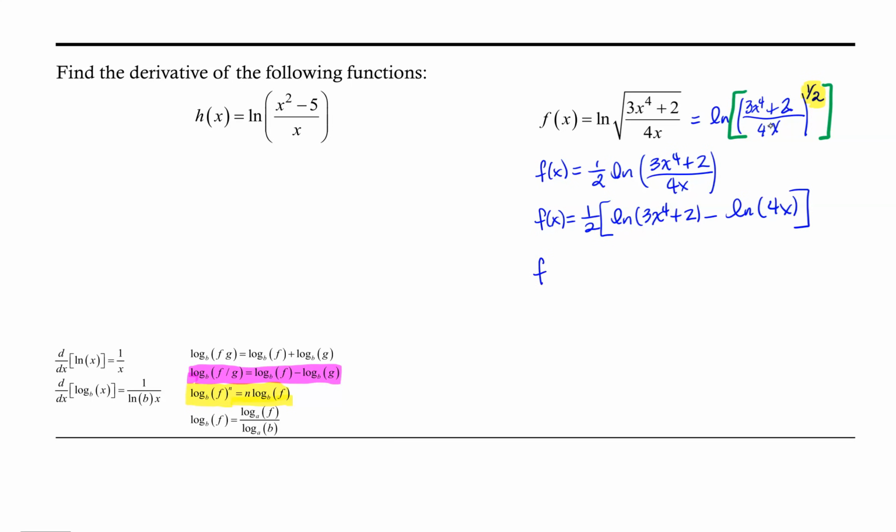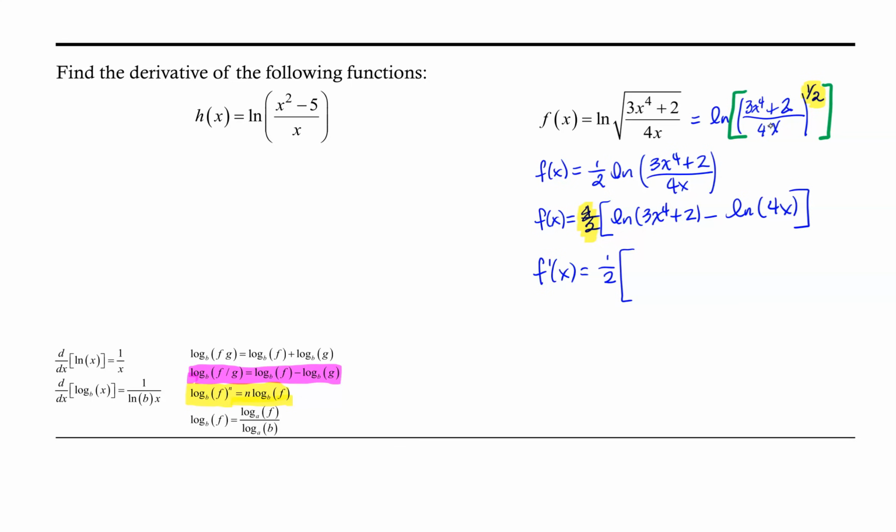So our derivative is going to be, first of all, we're going to need to use the constant multiple rule with this 1/2 we have out front. So we'll have 1/2 times, and then now we need to take the derivative inside our brackets here.